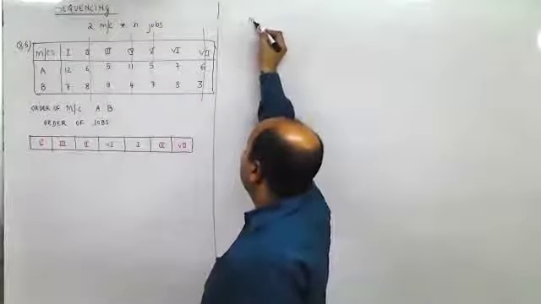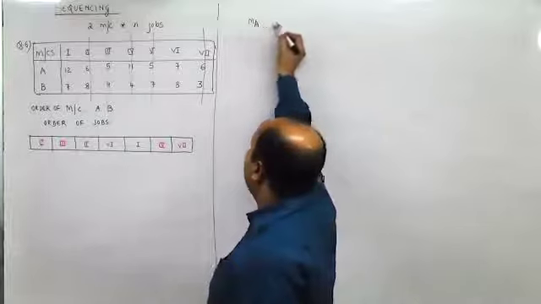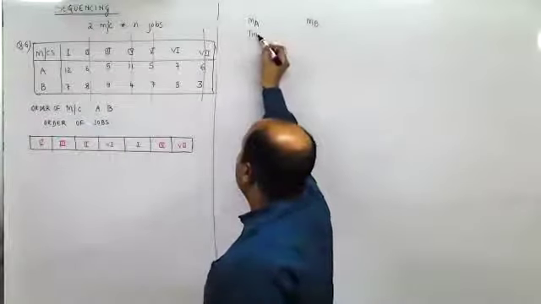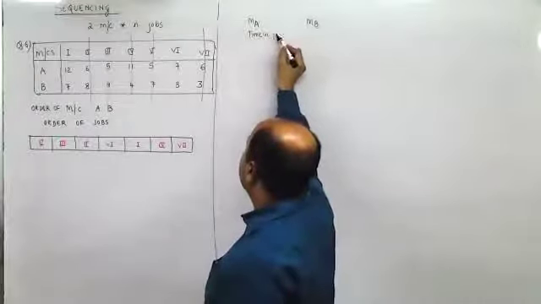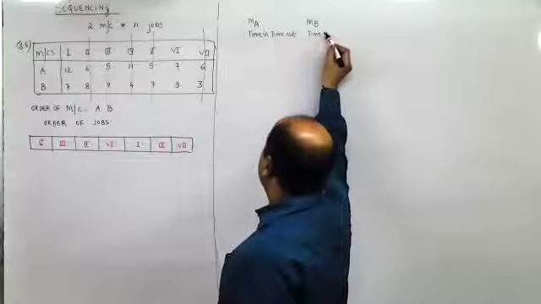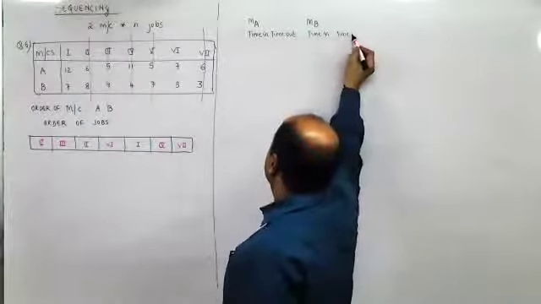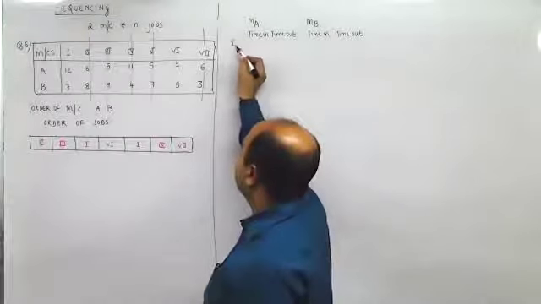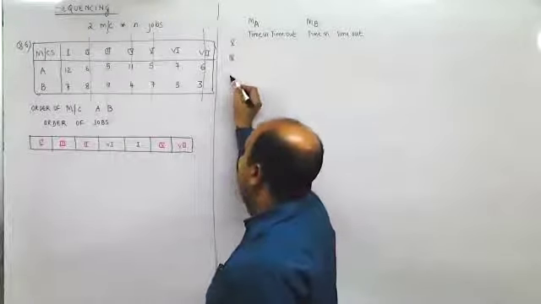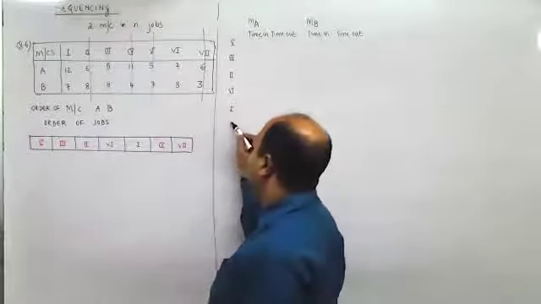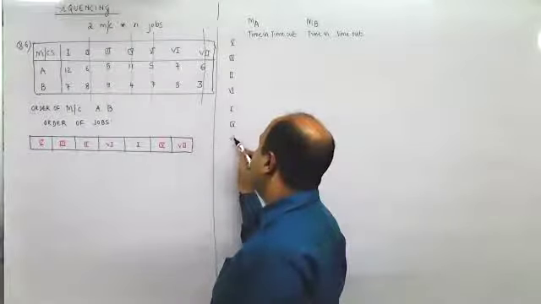So your machine 1 and machine 2, machine A and machine B, there are two machines, time in, time out, time in, time out, and the jobs are 5th, 3rd, 2nd, 6, 1, 4 and 7.